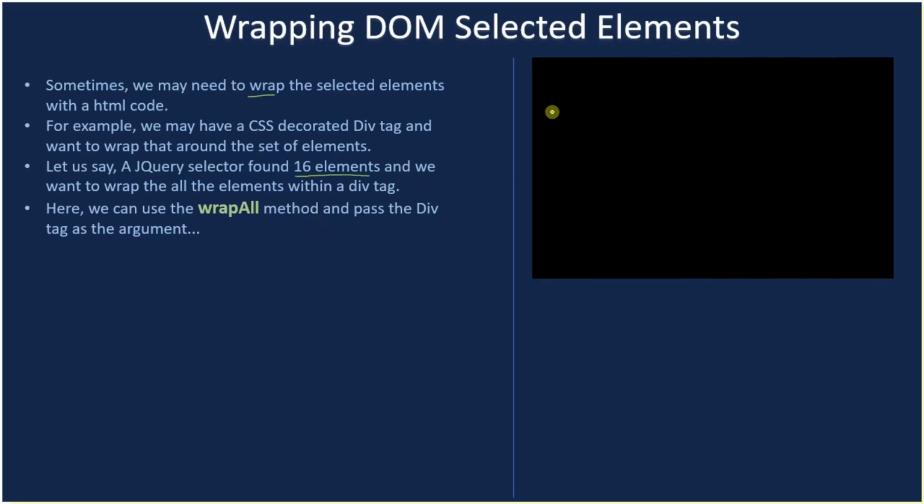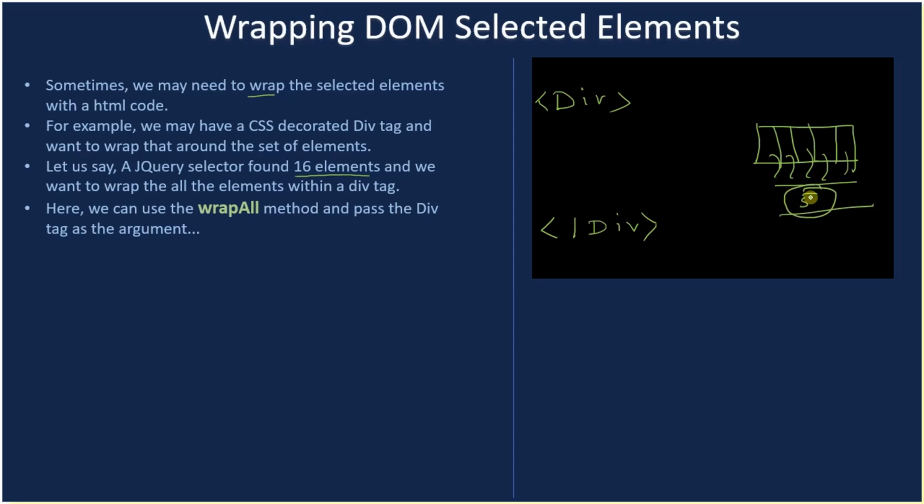For example, let's say that this is our div tag, and let's say we found some 5 elements using some of the jQuery techniques, right? So what we can do is use the wrapAll method and pass the div tag as the argument.